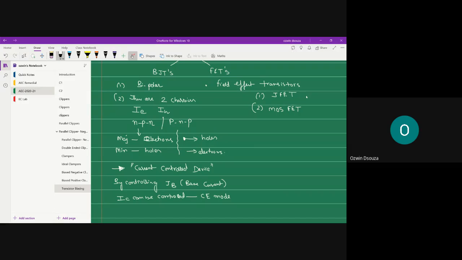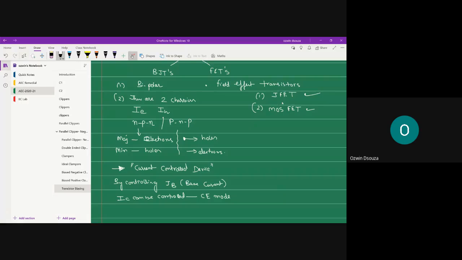To some extent you have already studied about JFET and MOSFETs in basic electronics also. So what you can do is brush up some fundamentals regarding JFET and MOSFET, concentrating on the device structure and probably the working of JFET and MOSFETs. So that is the classification.